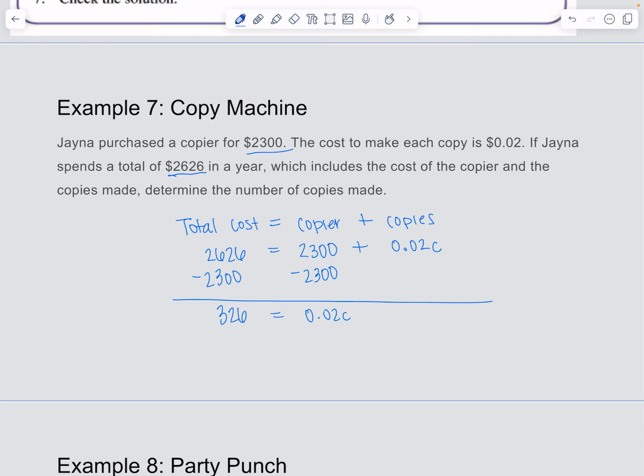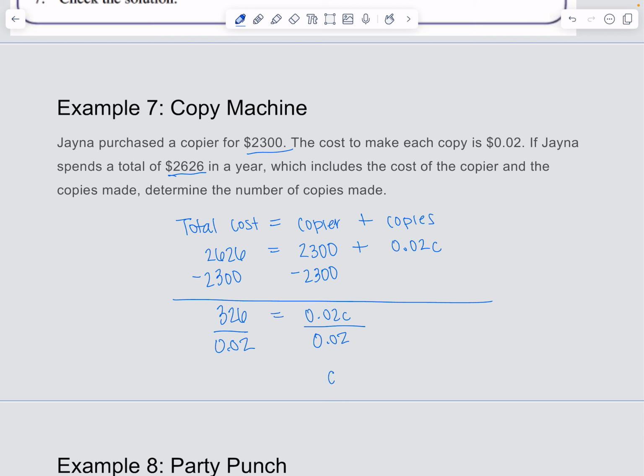Now here you want to be careful because you might be tempted to multiply by 2 cents. But look here, we have 0.02 times C. To get C alone, we do the opposite, 0.02. We're dividing it away. And whatever I do to one side, I have to do to the other. So in your calculator, you should be typing 326 divided by 0.02.